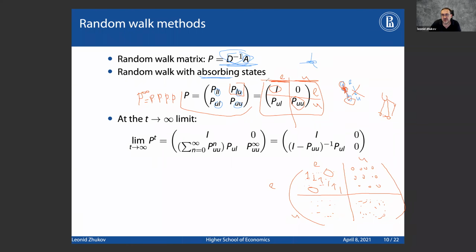So we can take this matrix and multiply it by itself t times and then take t to infinity. Obviously, if you take a diagonal matrix multiplied by itself, it's going to be the diagonal matrix itself. If you take 0 and multiply again, that remains 0.